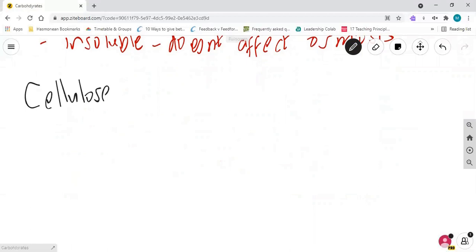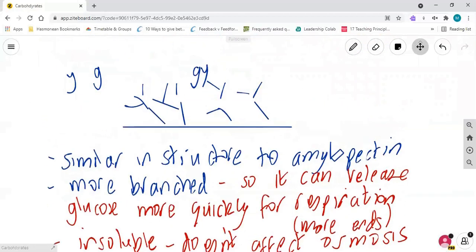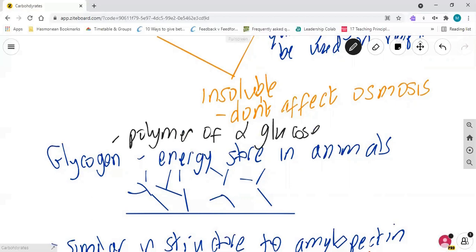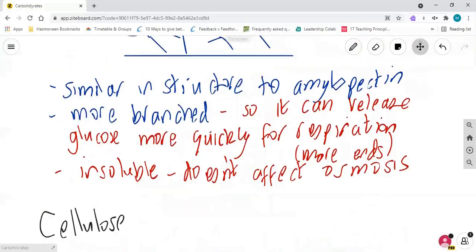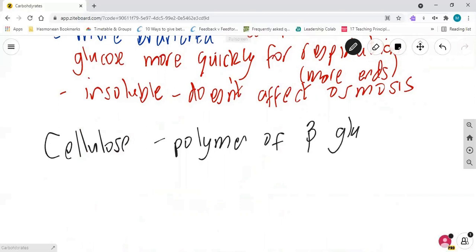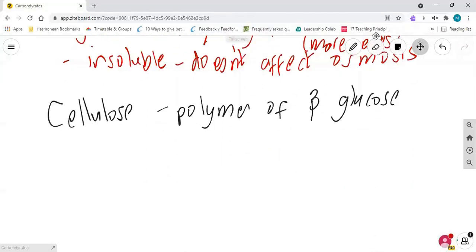Okay, so unlike glycogen and starch, which are both polymers of alpha glucose, cellulose is a polymer of beta glucose. Obviously still joined by condensation reactions creating glycosidic bonds, but it's a little bit more complicated than that. We know it must be joined by glycosidic bonds.